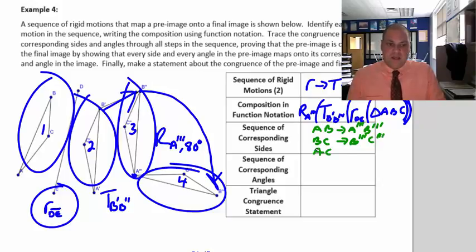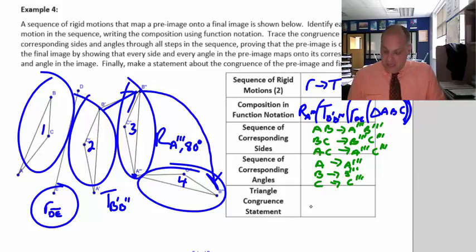And AC corresponds to A triple prime, C triple prime. All right? And sequence of corresponding angles, obviously angle A corresponds to A triple prime. B corresponds to B triple prime. And C corresponds to C triple prime.